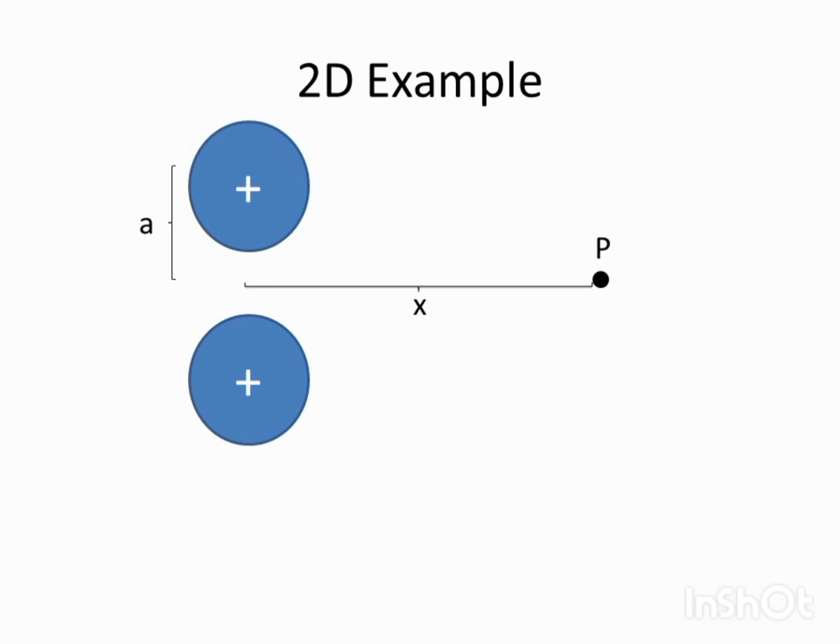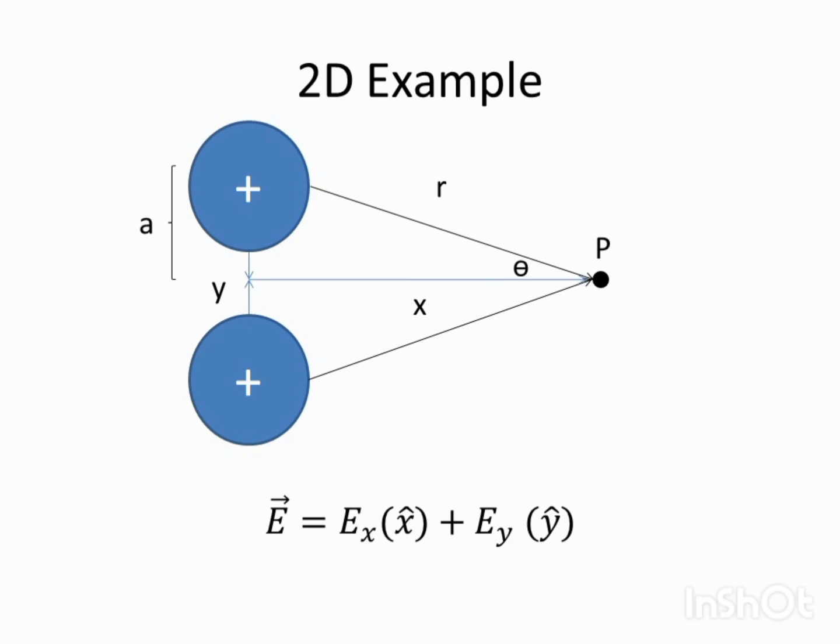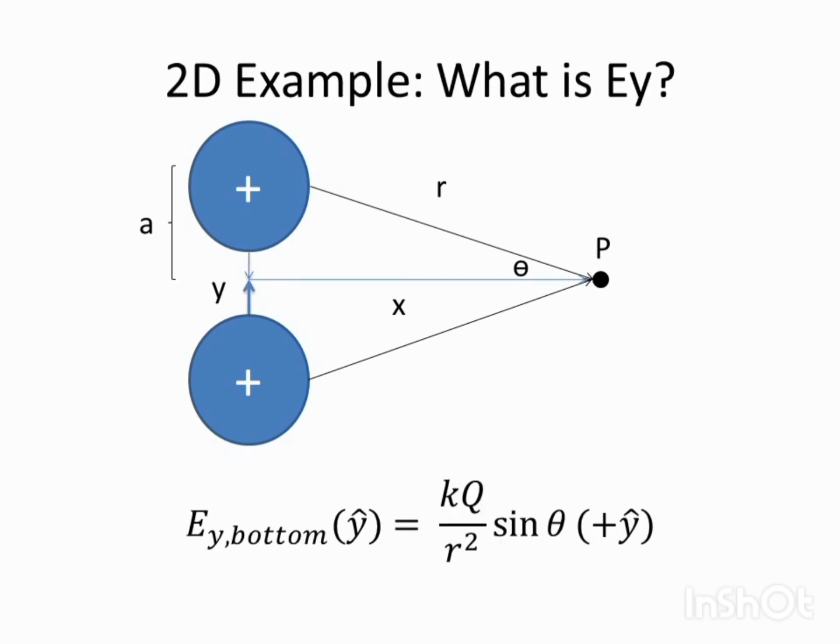Let's determine the electric field generated by 2 point sources which are located a distance x away from point P along the x-axis and a distance a away from point P along the y-axis. In order to solve a two-dimensional vector problem, we must split the vector up into components and solve these components individually. Let's start by determining the y components of the electric field.